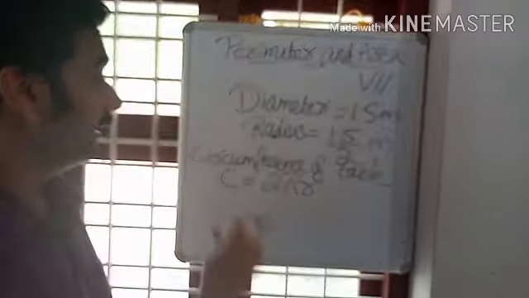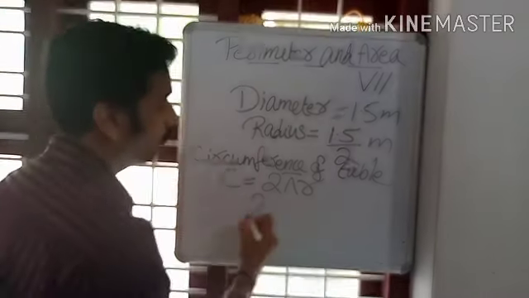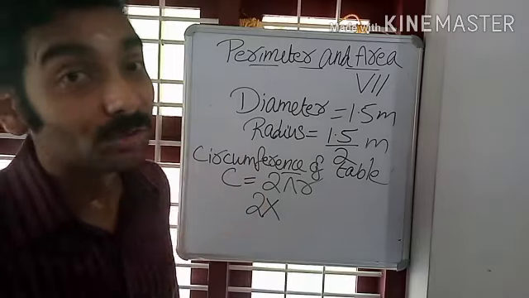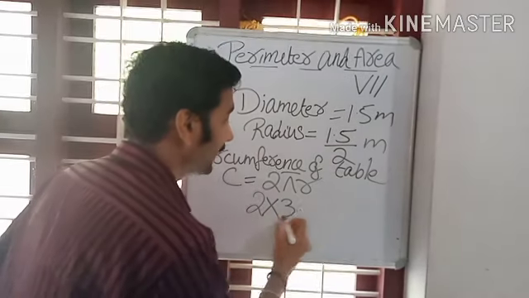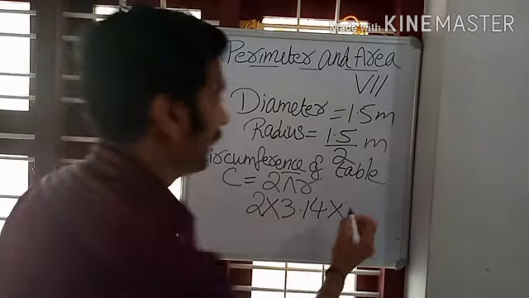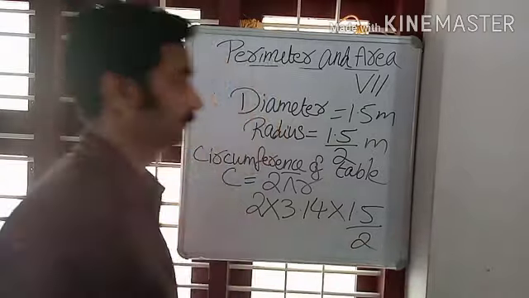Circumference equals 2 into the value of pi in the question, 3.14, into 1.5 by 2.